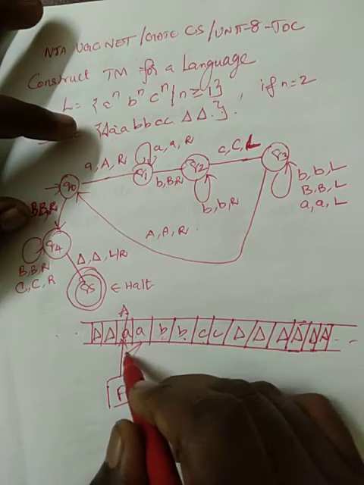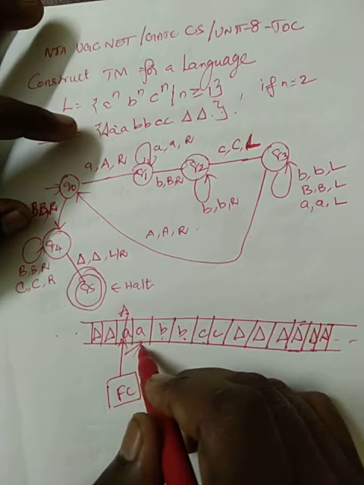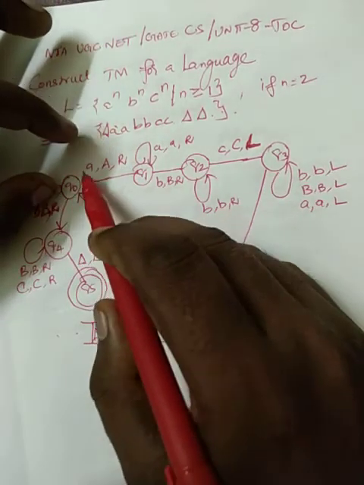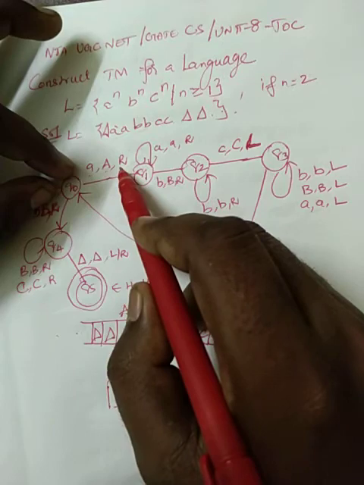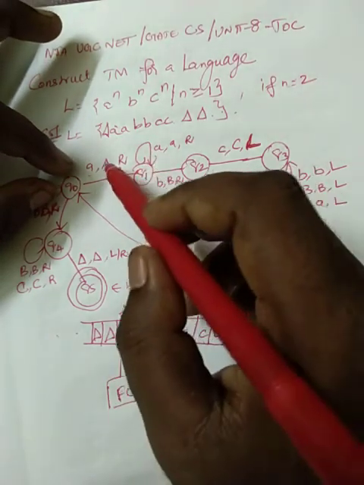In between we may have any number of small a, and we want to skip those. So I wrote from q0, accepting a, replace by capital A and move right to q1.